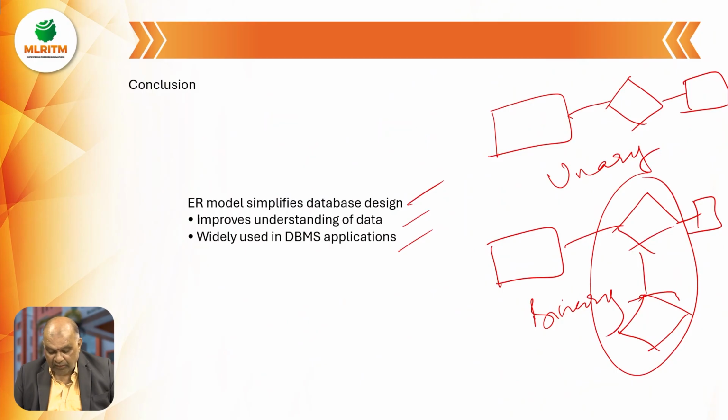So finally, I would like to conclude that understanding the relationship means we should identify the entities first, then go to the attributes, then go to the relationships, then identify which relationship is suitable for which type of entities. In that way we can design that particular high level database. Thank you.